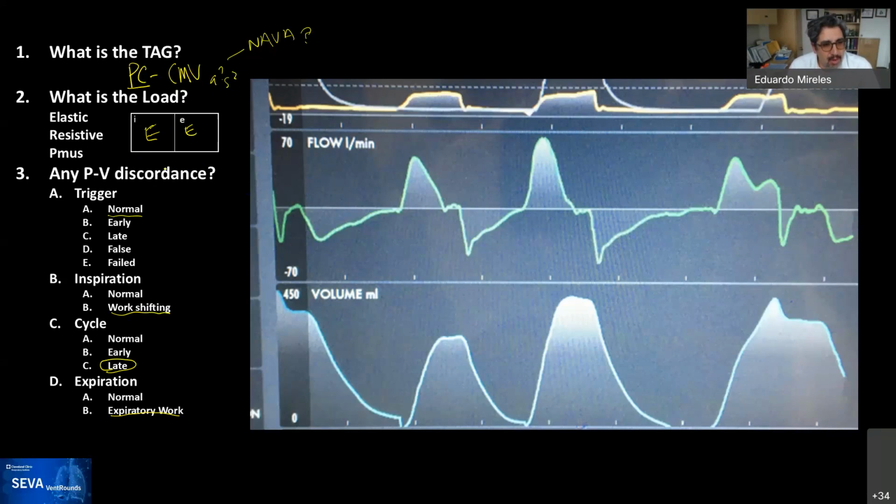In terms of the load, remember always how your waveform should look whenever the patient is passive, and it has to have a decay, and usually it has to be an exponential decay. This patient, as you identified, seems to have a very low elastance, and you know that this is a mandatory breath. There's no change in color here.